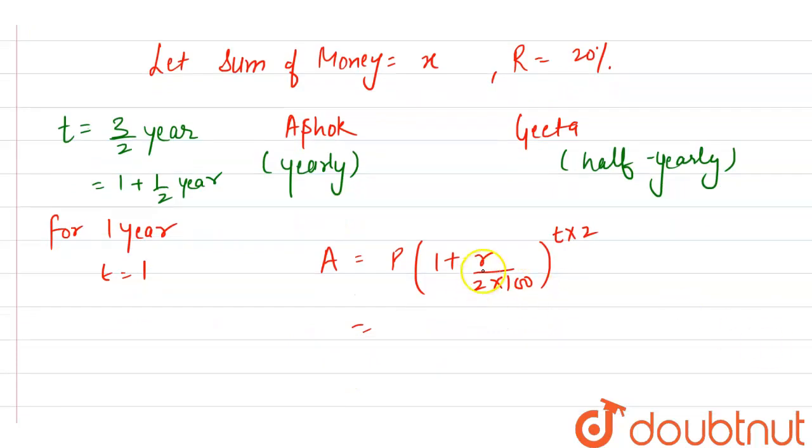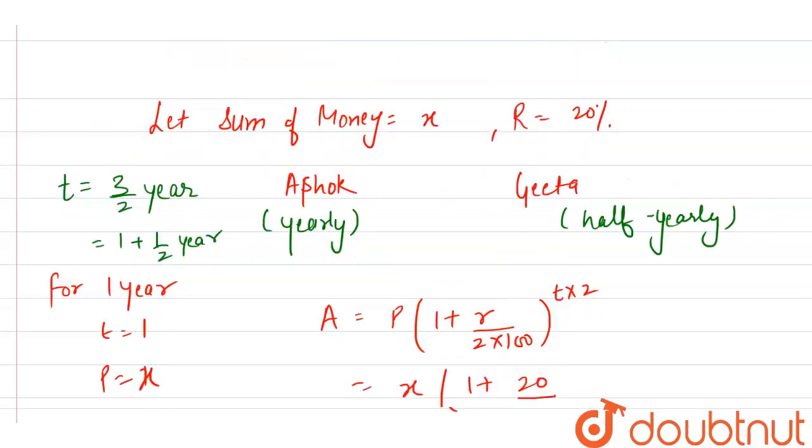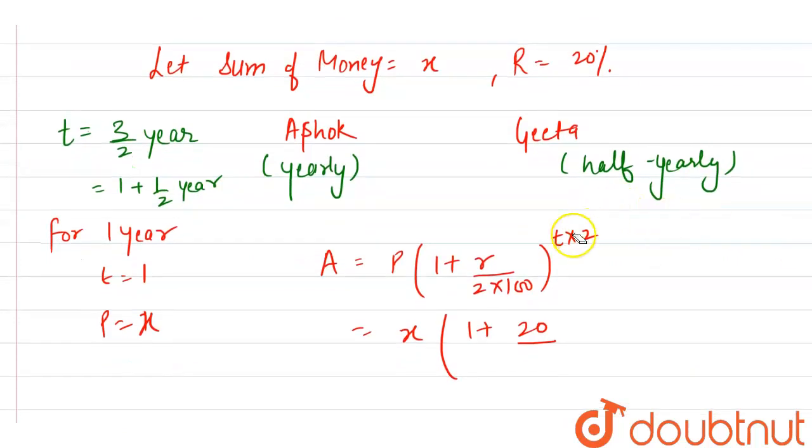Now let's put in the values. The principal value X is what they both are investing. So the principal value here is X into (1 plus the rate, given as 20%). When a person invests yearly, it is P into (1 plus R by 100) whole raised to power t.